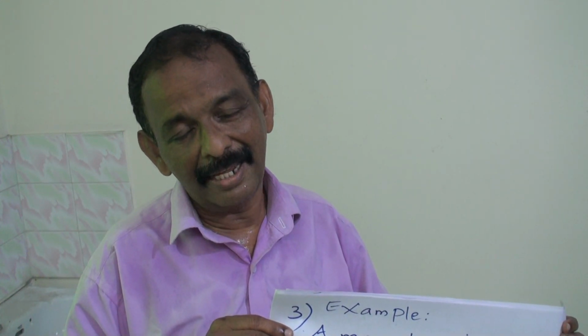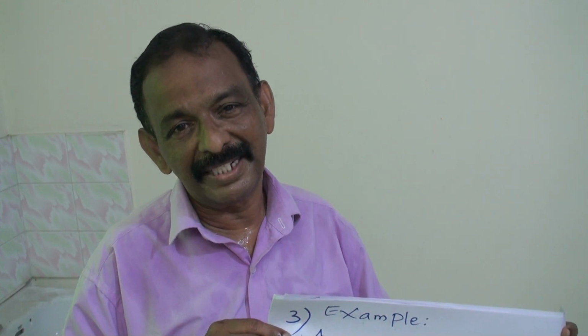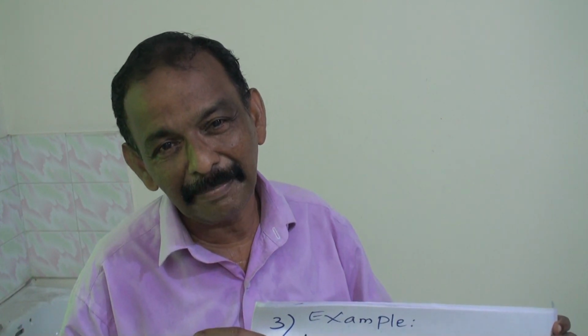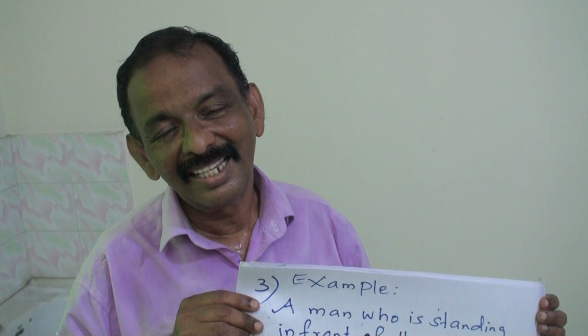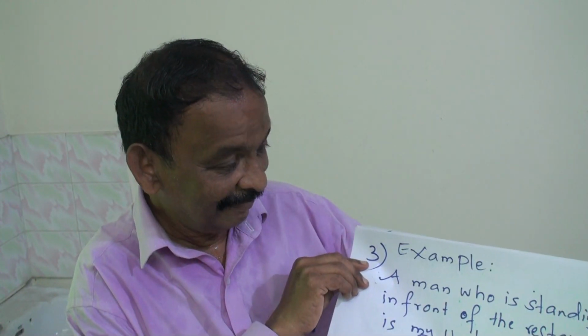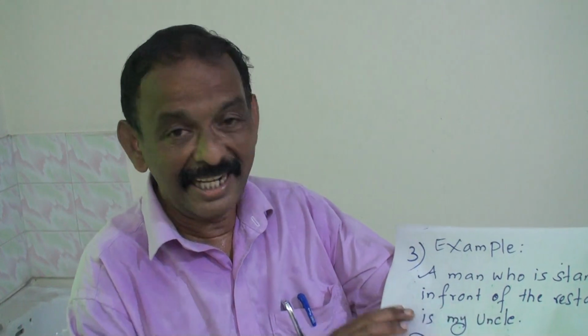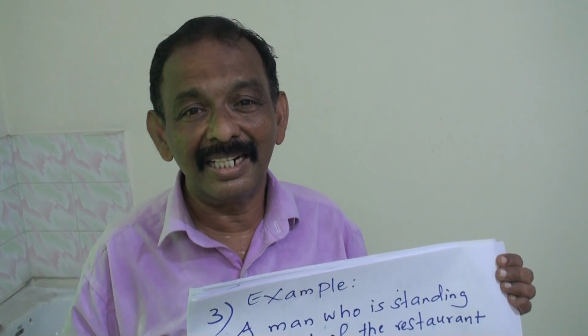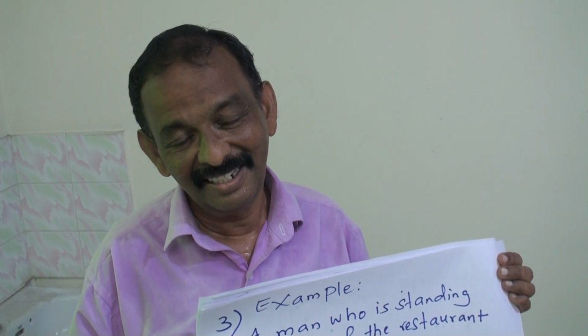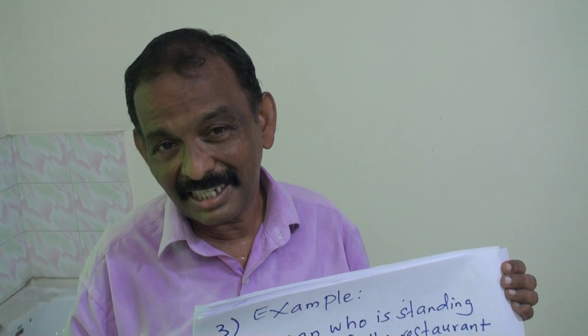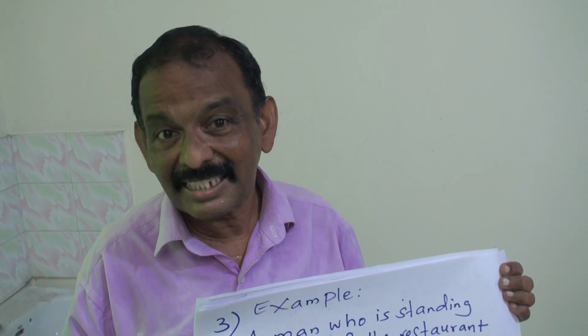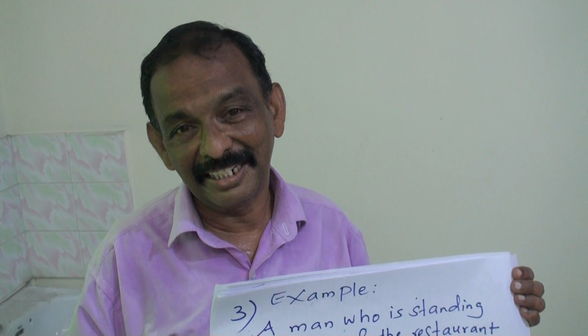At the same time, it connects to the independent clause. Which is the independent clause in this sentence? A man is my uncle. That is the independent clause, the clause other than the relative clause.